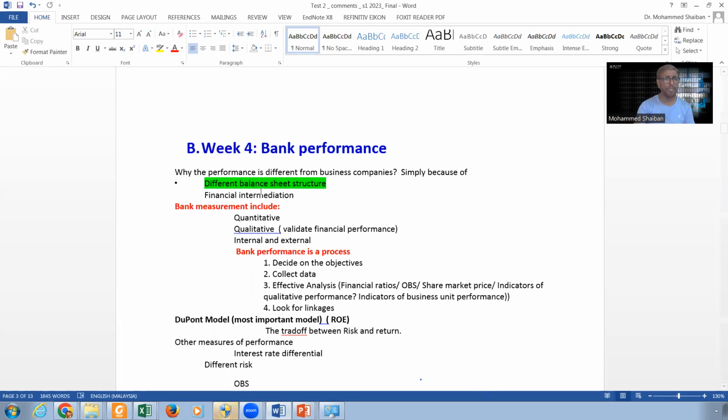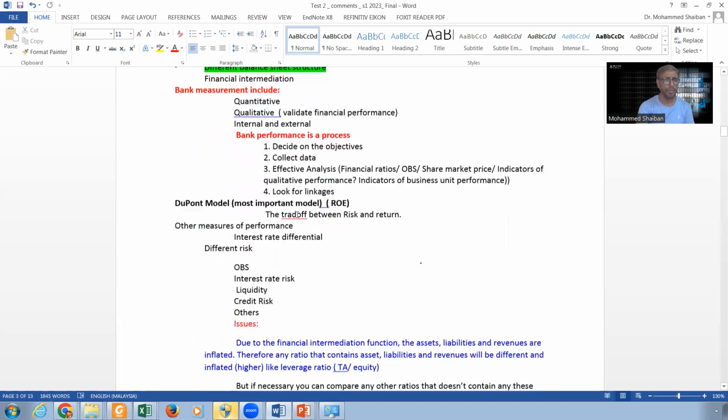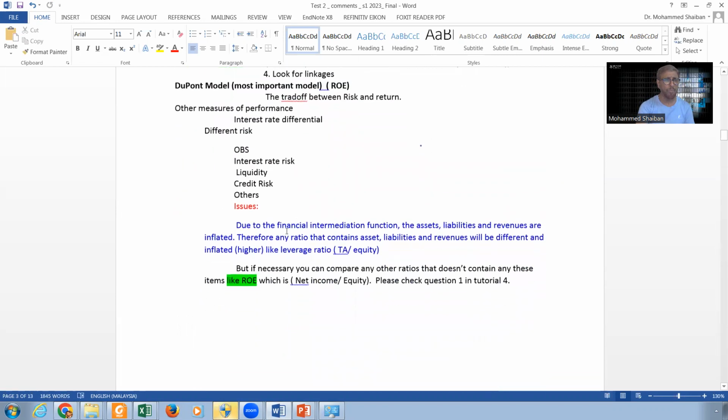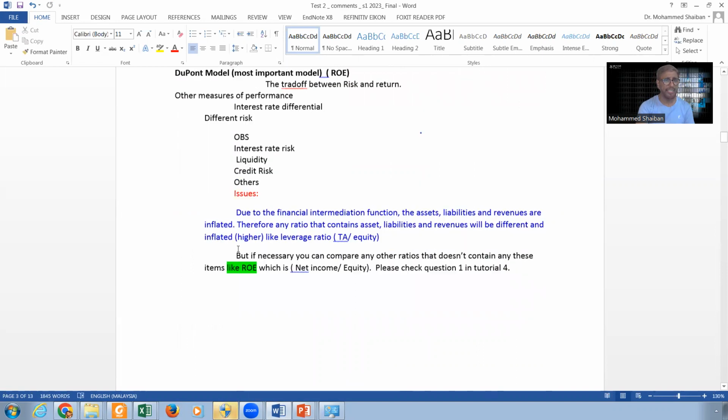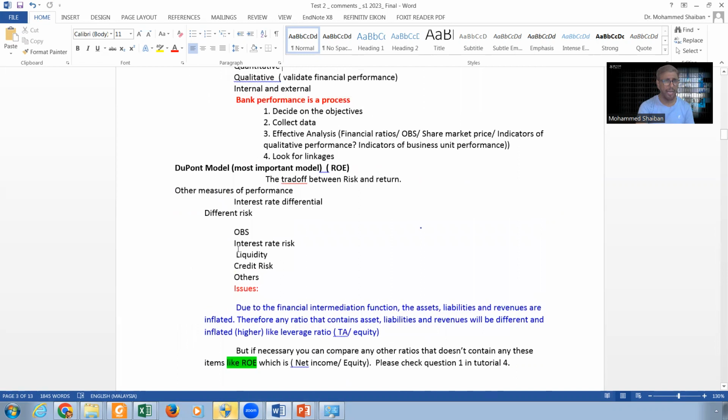And when we talk about bank performance, we concentrated on something called the ROE model, or the DuPont model. Please understand how to calculate it. If there are questions, you have to be aware how to calculate the ROE or the ROA.